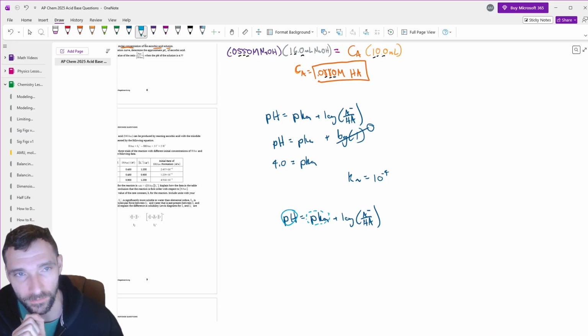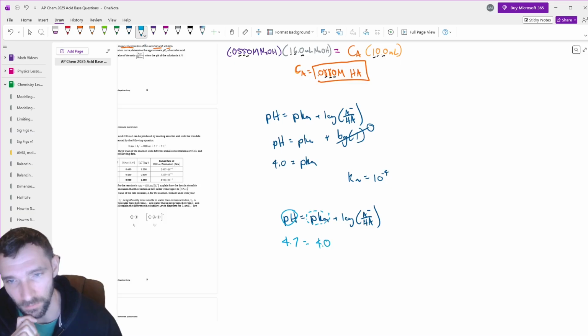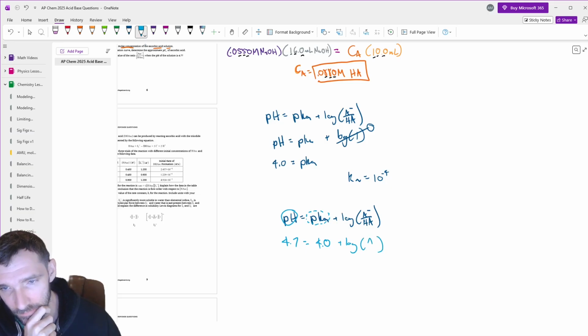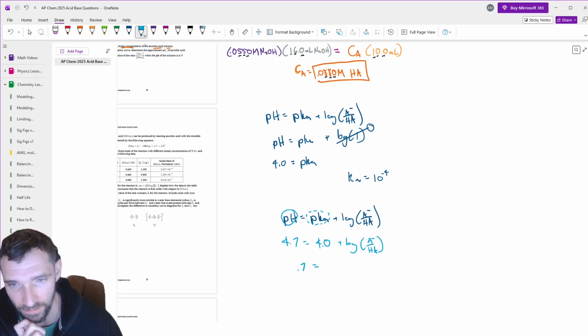So if we have the pH of 4.7 and the pKa was 4.0, we can then relate that to this log. In other words, 0.7 is related to log of A minus over HA.